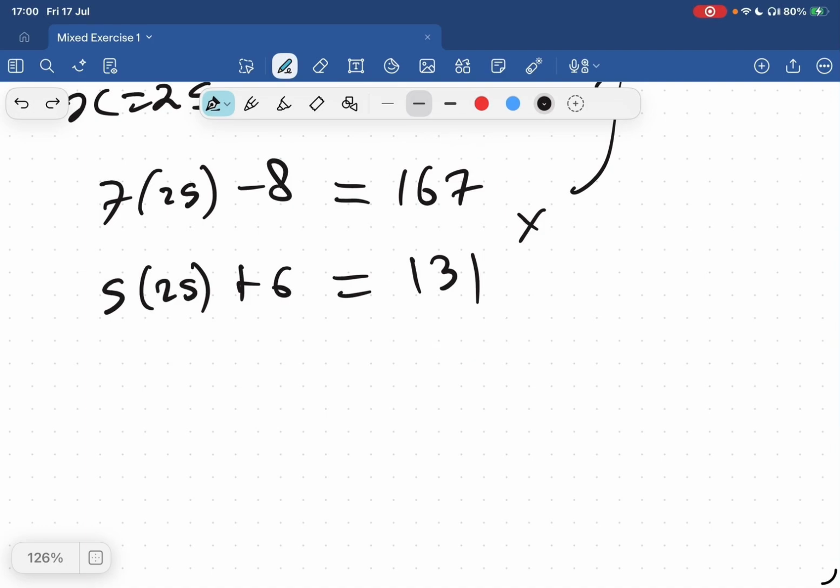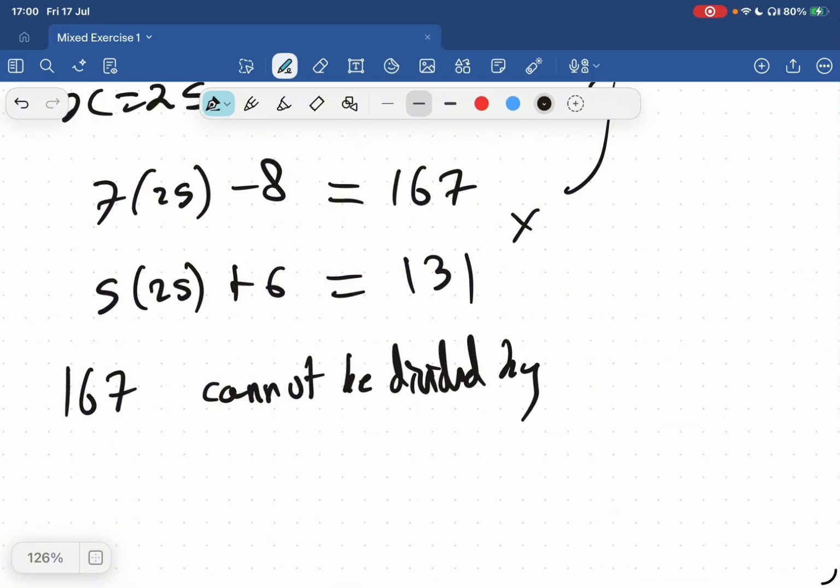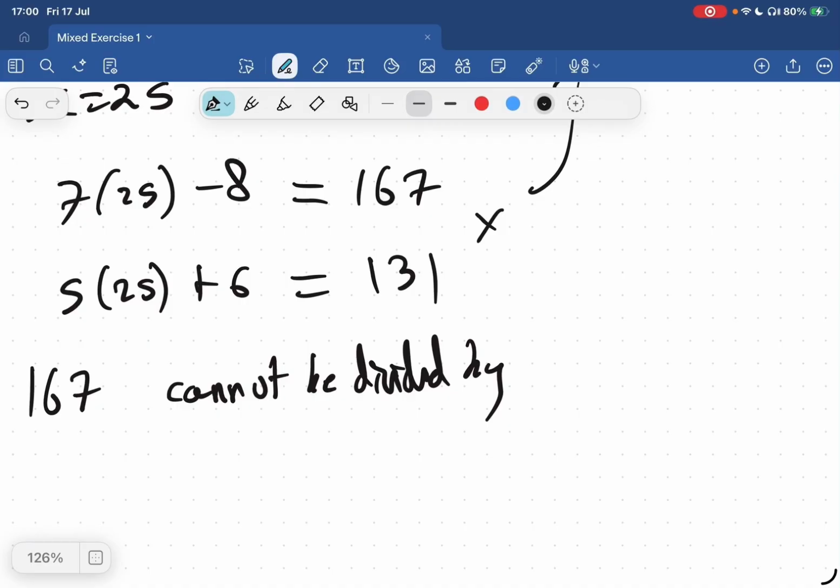The easiest way to do this would be to check. 167 cannot be divided by, well, we know it can't be divided by 3, because 150 is divisible by 3 and 17 is not divisible by 3, so it can't be divisible by 3.